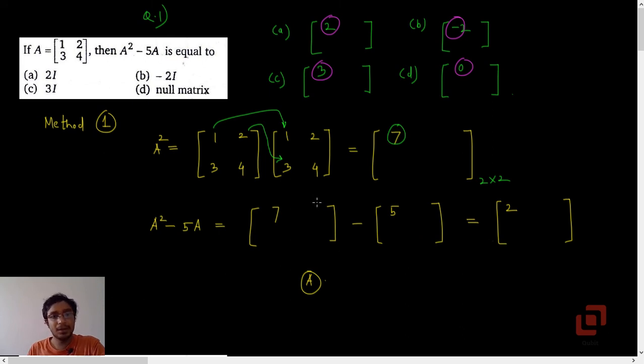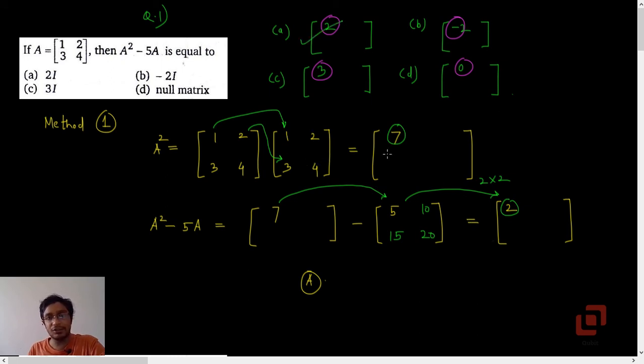The first entry in 5A will be 5; the other entries will be 10, 15 and 20, but we don't need them. All we need is the first entry. So if you subtract 5A from A squared, that is 7 minus 5, you will get 2. And that is option A.